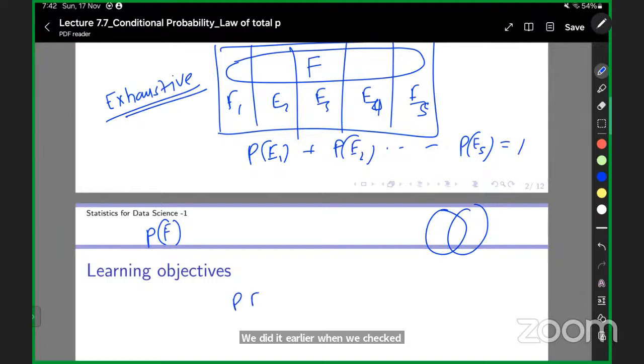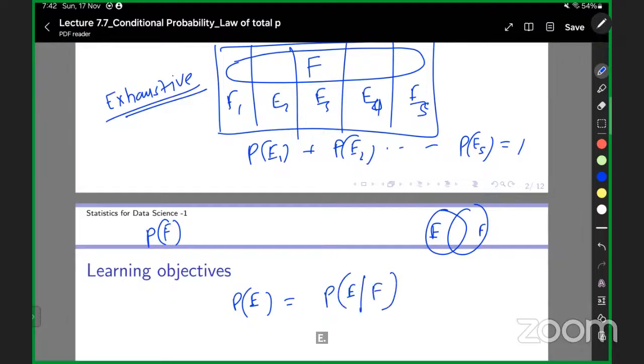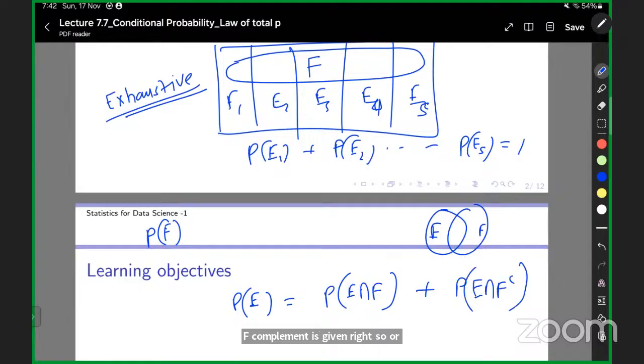What we wrote is P(E) is equal to P(E given F), that's what we added here, plus P(E when F complement is given). Or maybe we can bring in the intersection this way.